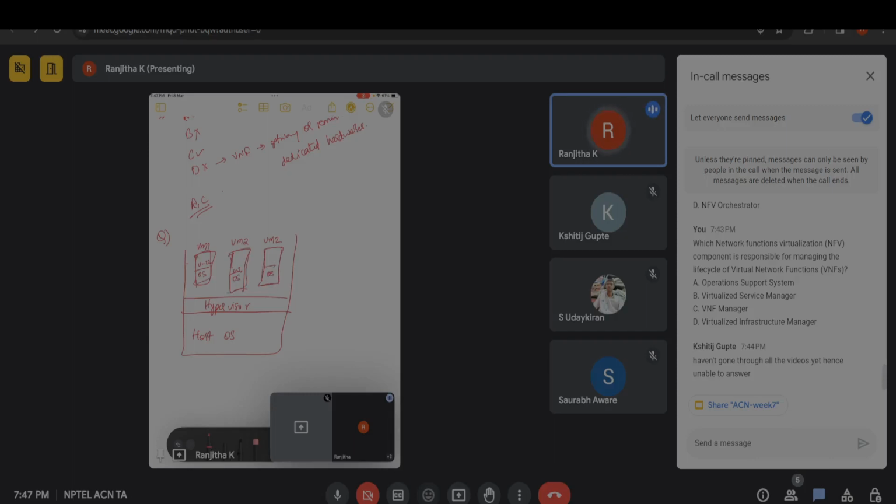Whereas in containers, we use a different concept. We have the host operating system, and containers run on top of it. It could be container 1, container 2, container 3, and they use the same operating system, so it's much smaller. Containers are run like a process on the system.